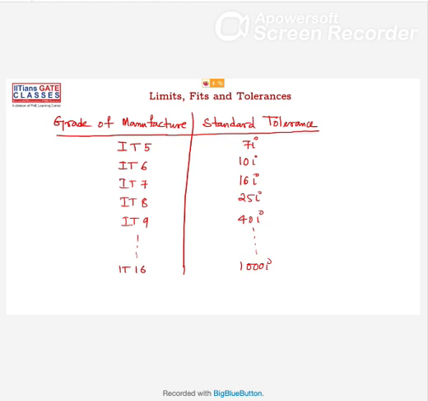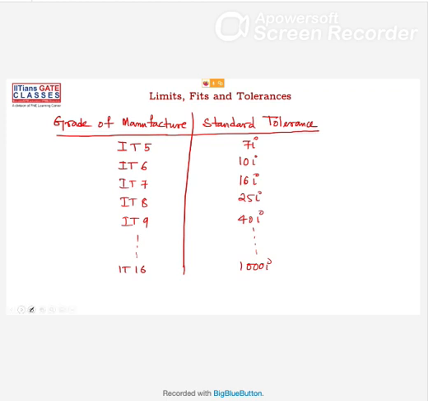The problem starts with the fundamental deviation. The fundamental deviation is given by an empirical formula.